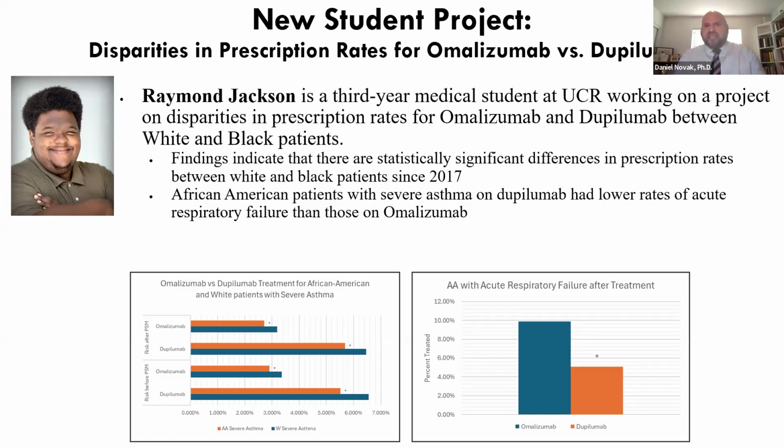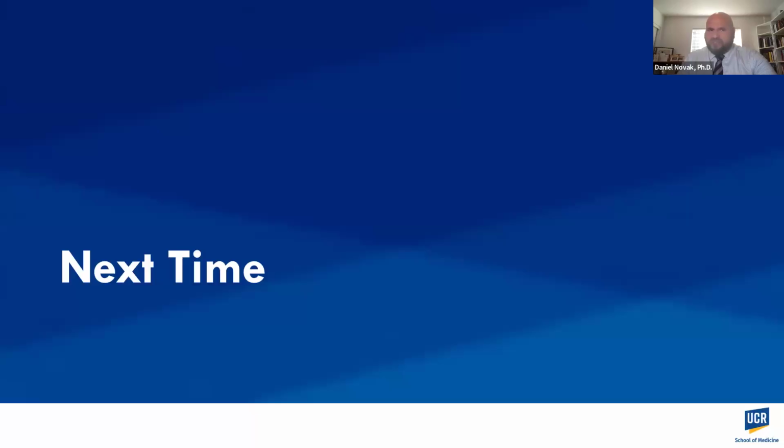Number two, that white patients and Black patients were being prescribed this drug at different rates versus omalizumab. And number three, that rates of acute respiratory failure were much higher in Black patients who were given omalizumab than those given dupilumab, which indicates there's a potential real risk of a disparity emerging. We don't know why, right? We can't make causal inferences here, but we do know that this is something that bears further research, and ideally people go and do a prospective study based on that.